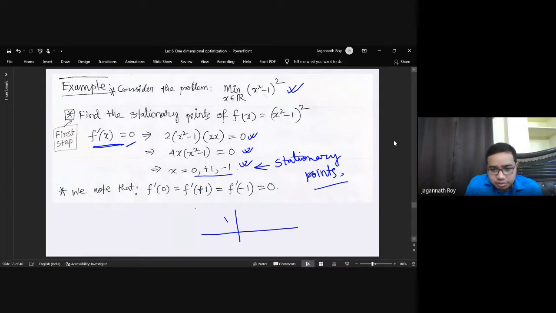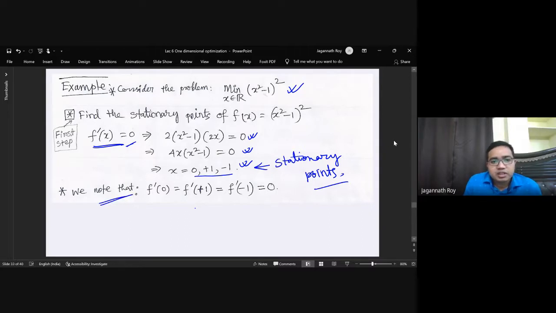The function will have this form, and then it will go down again for -1, again this type of shape, so -1, 0 and 1. So all 3 points are minimum points, if possible. We don't know whether it is minimum or maximum; that we have to investigate. So let us investigate.